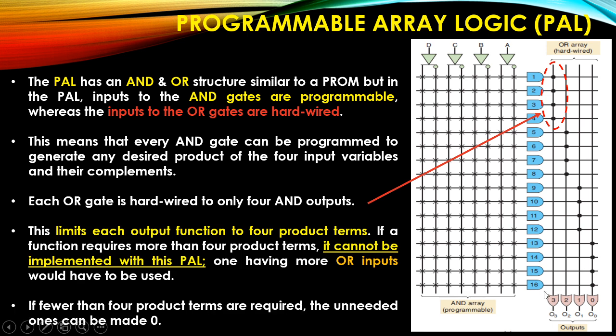Similarly, AND gates 5, 6, 7, and 8 are connected to O2. Similarly, 9, 10, 11, and 12 are connected to O1. And 13, 14, 15, and 16 are connected to O0.